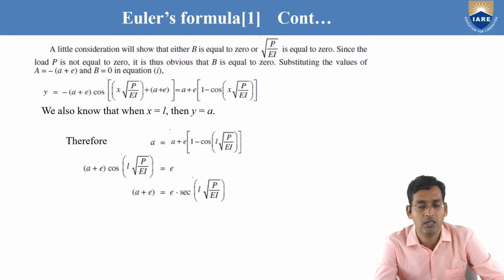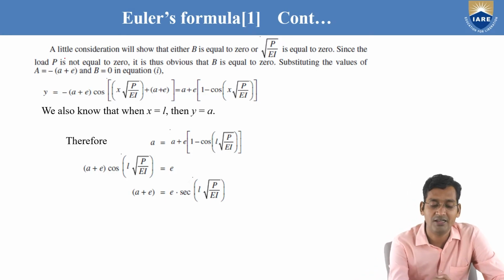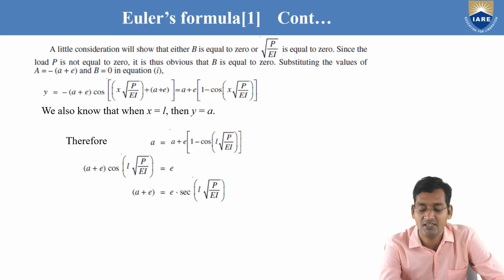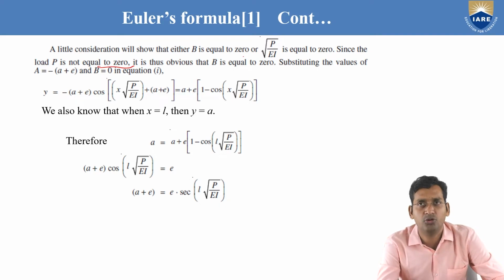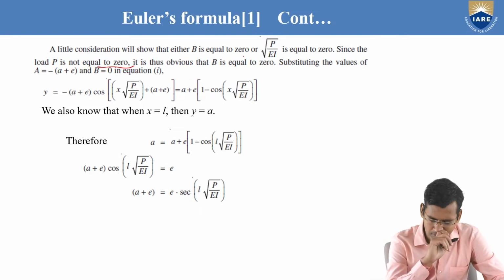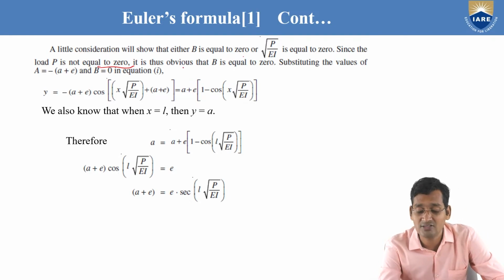So a little consideration will show that either B is equal to 0 or root P by EI equals 0. Since the load P is not equal to 0, because if the load is 0 it won't bend, there is no crippling in that column. It is thus obvious that B is equal to 0.